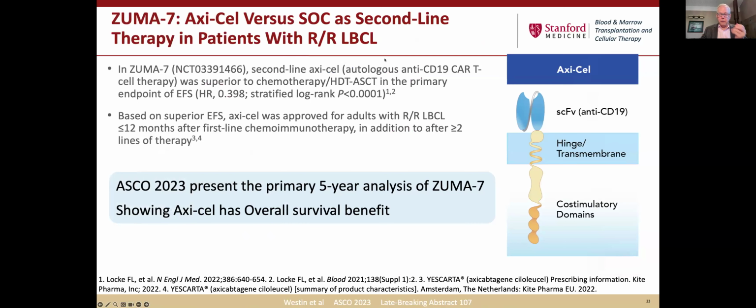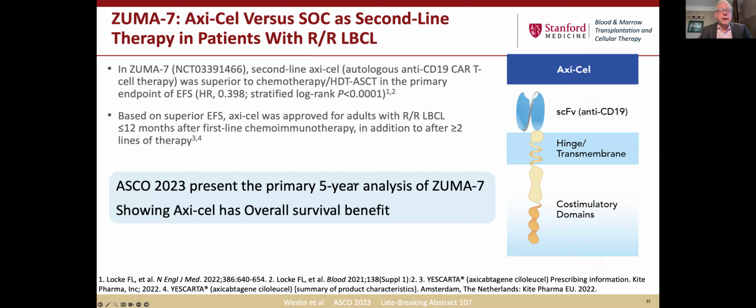These studies have gone forward with longer outcomes, and last year at ASCO, this time last year, we presented the results of the 5-year mature outcomes of ZUMA-7 and showed that there was an overall survival benefit, even though many of the patients crossed over to receive third-line CAR T cells.